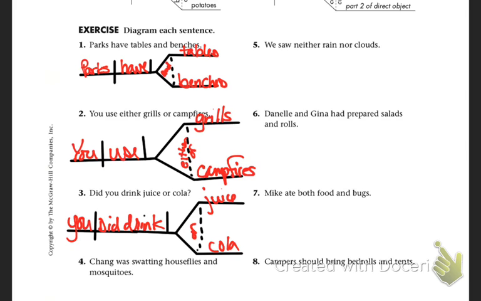I think the only other one you're going to have a problem with is 6. Let's take a look at it. Danielle and Gina had prepared salads and rolls. What are we talking about? Danielle and Gina, if I have two girls, what do I need? The parallel lines, right? So we're going to have a fork coming in from the subject side, right?